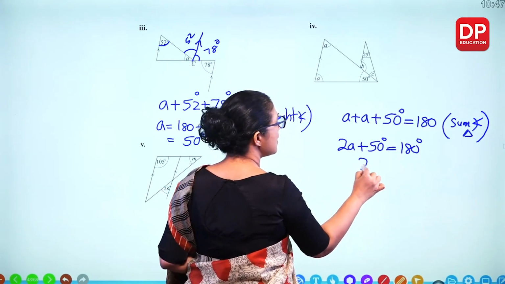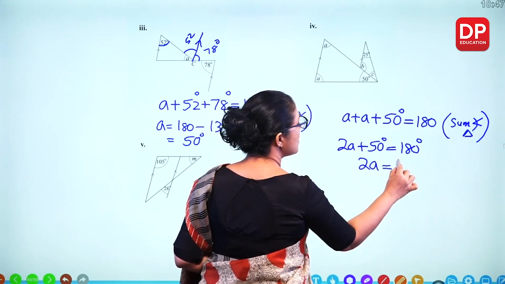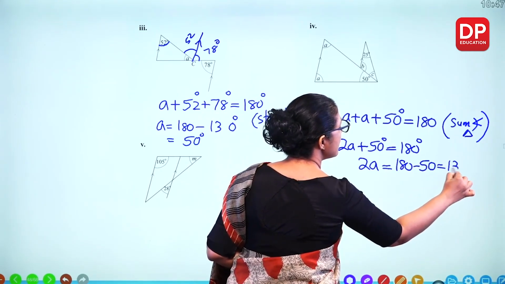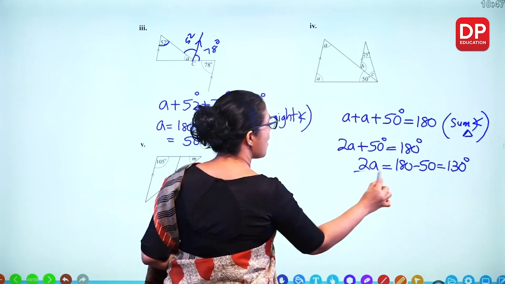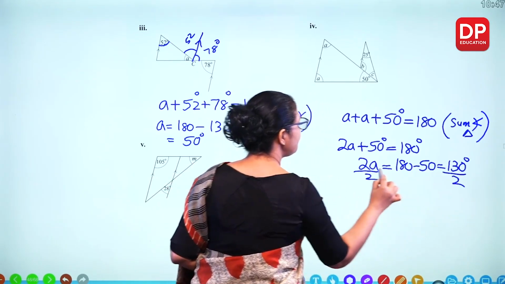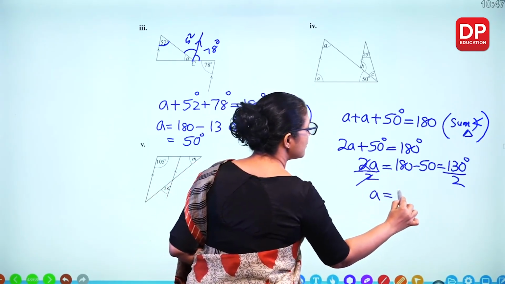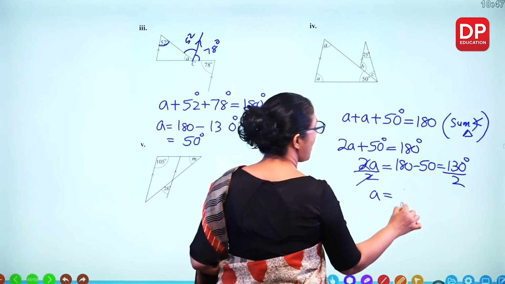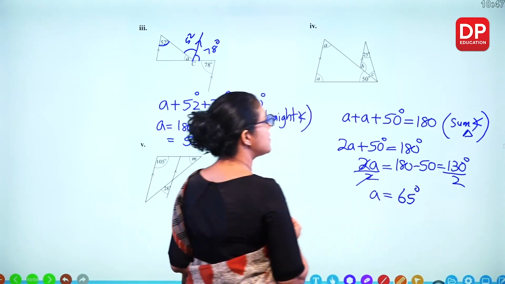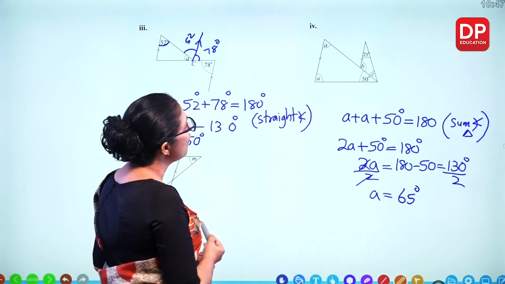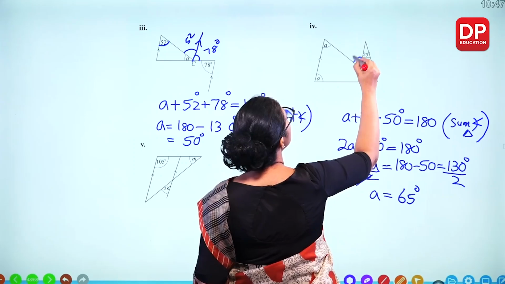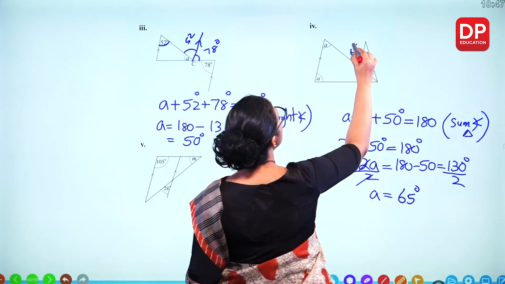Subtract 50, you get 2a equals 180 minus 50, you get 130. Divide this by 2, you get the a value. So that's 65. So a is 65. We found a. If this is a, what is this angle? This is also a, that's 65.